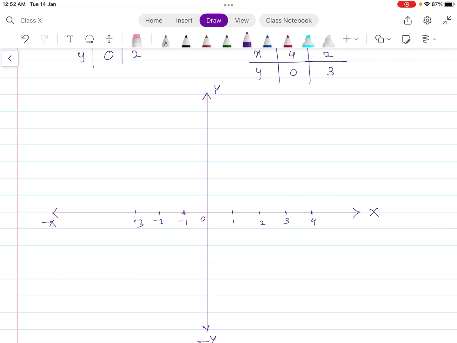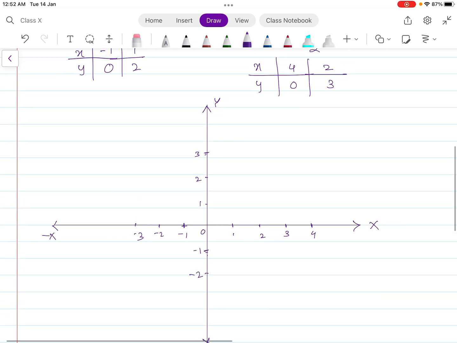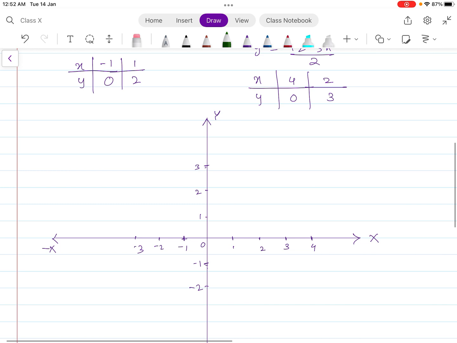Similarly here it will be 1, 2, 3 somewhere here, and here let us say this is -1, -2. That is sufficient because we do not have many values here, so it is a simple graph. Now, first line: when x equals -1, y equals 0, so the first point will come here only.